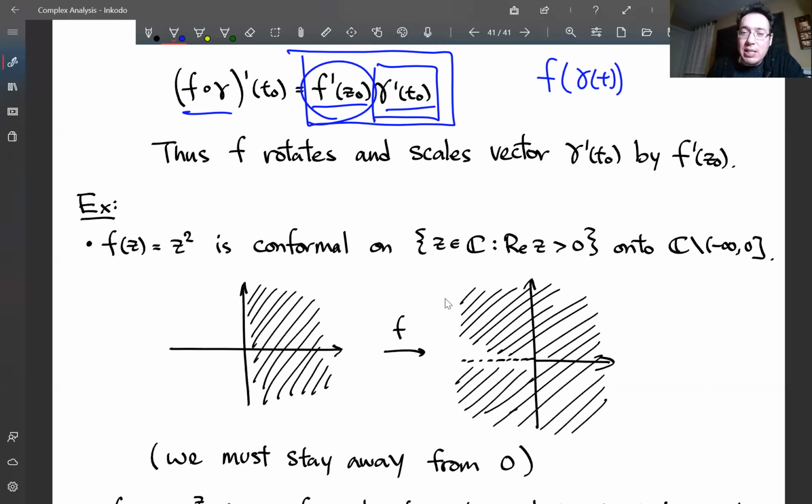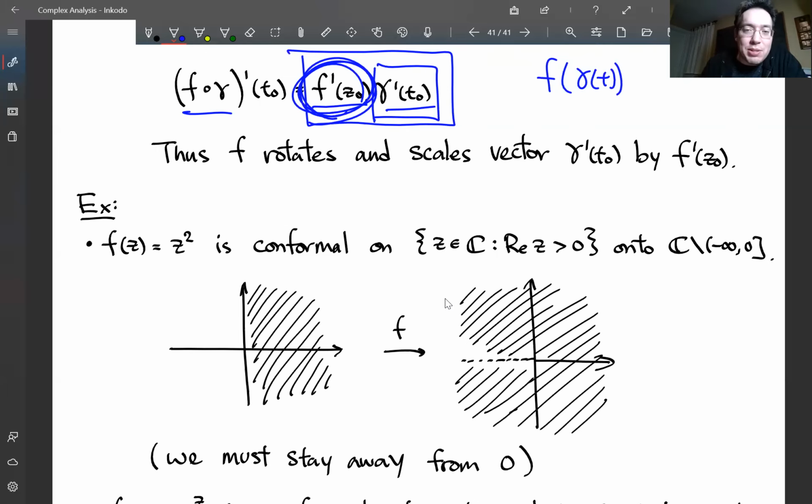So it actually doesn't matter which way the curve is coming in at z naught or which way it's leaving. The only thing that an analytic function does to the curve is that it just multiplies by the derivative.